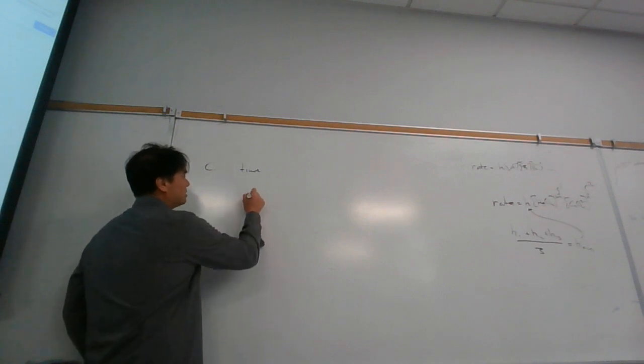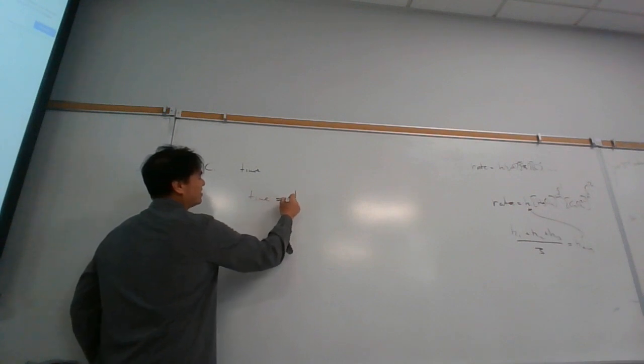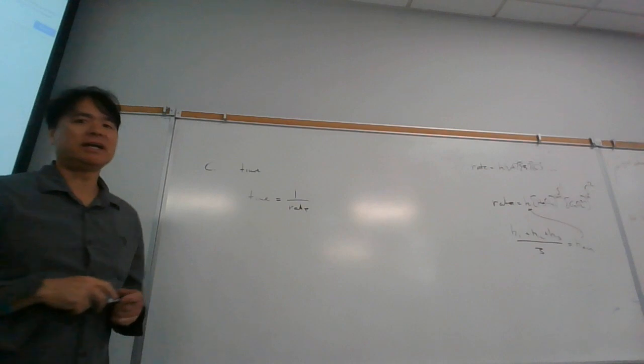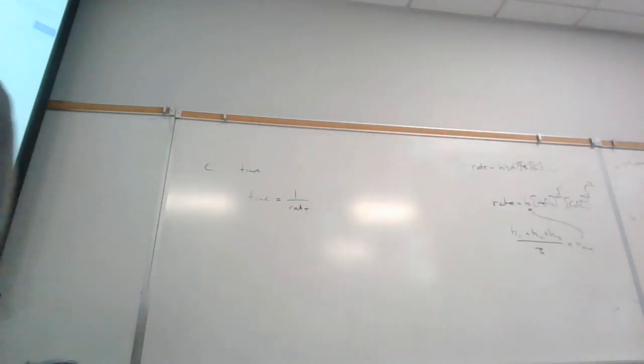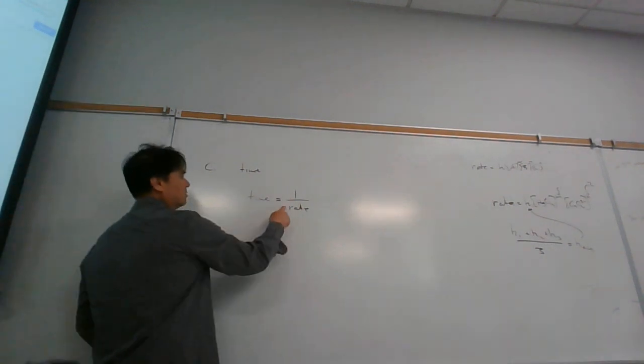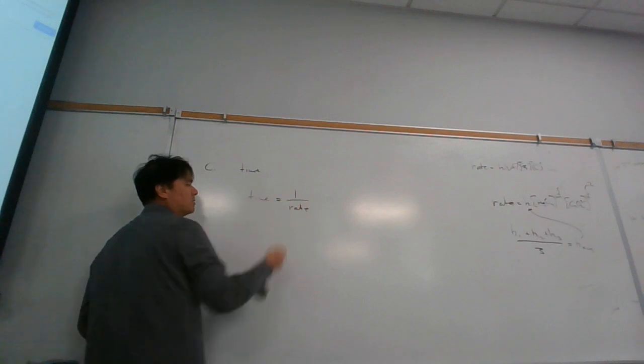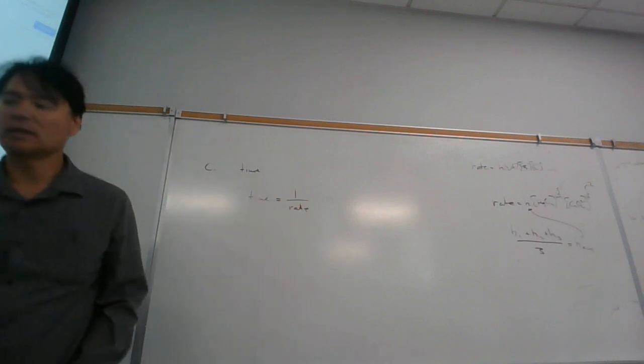It turns out that the time is going to be inversely proportional to the rate. So the faster the rate, let's say I double the rate, it's going to take half as long. If I cut the rate in half, it's going to take twice as long, because 1 divided by 1/2 is 2. And so we can get an idea.